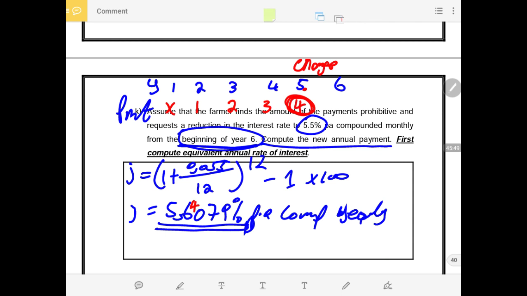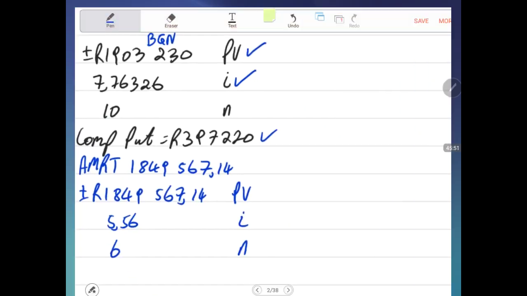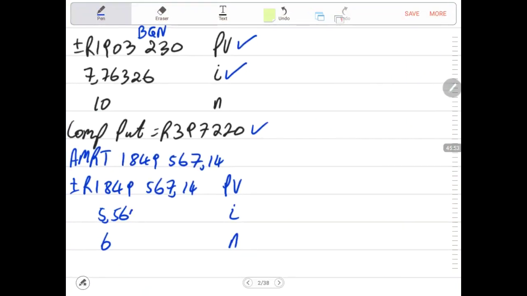It was there in my calculator. 5.64079. Now that was our interest that we calculated.